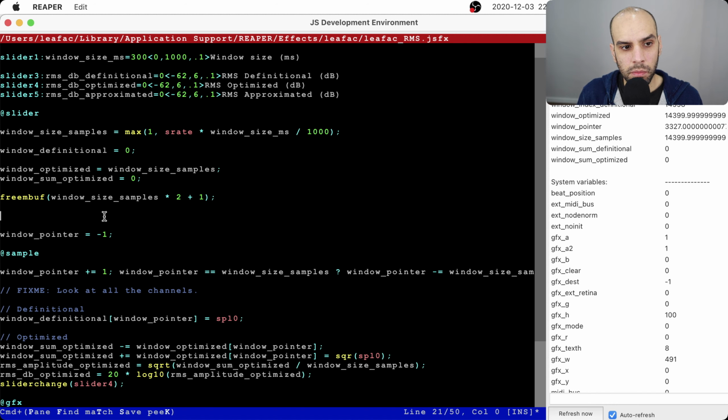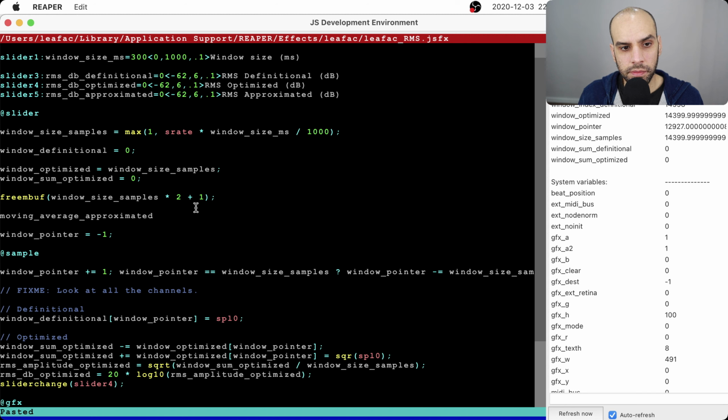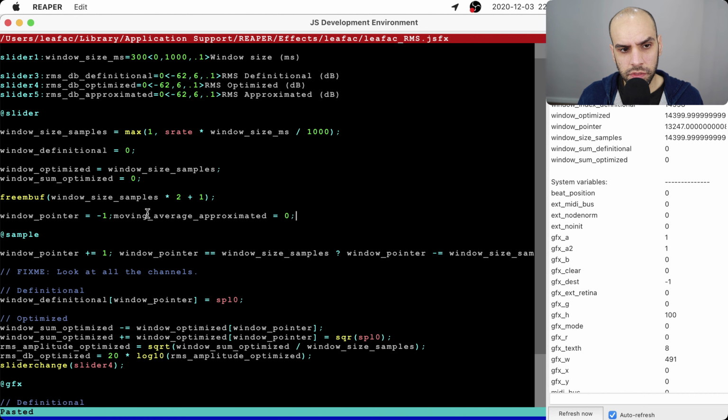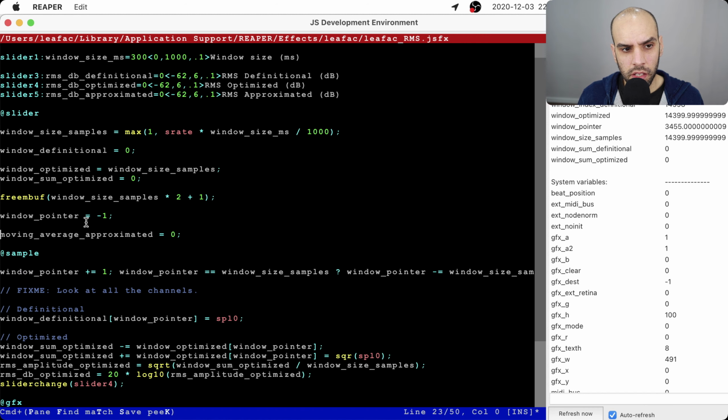We have here a moving average approximated. And it's going to be a moving average of the squares of the samples. But I'm not going to put that in the variable name because it would be just too long. Also, I don't want to necessarily have the window pointer after this. I want to have the window pointer before this because this is a different topic.